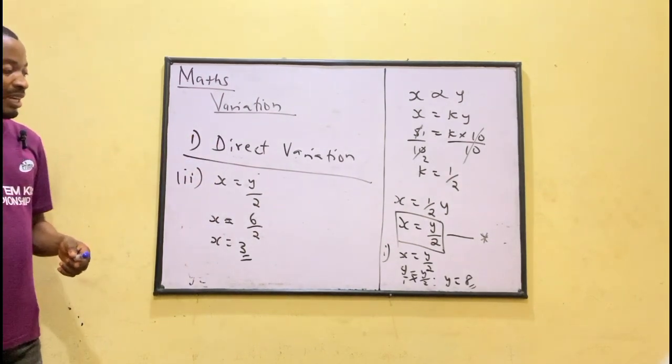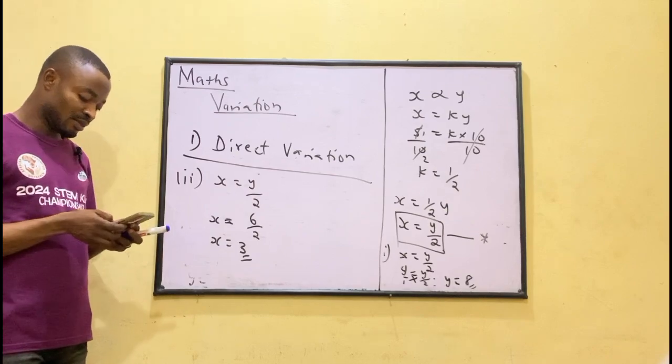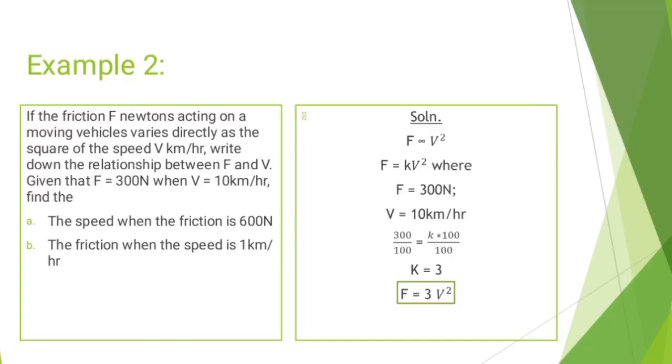All right, let's look at the next part. Now the second example says, if the frictional force F in Newton acting on a moving vehicle varies directly as the square of the speed, we have F varying with the square of the speed.